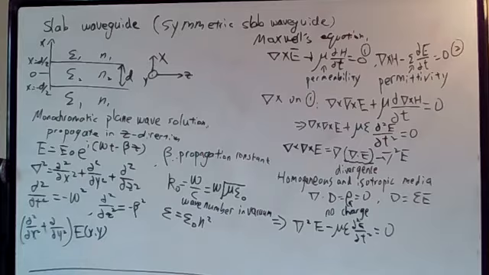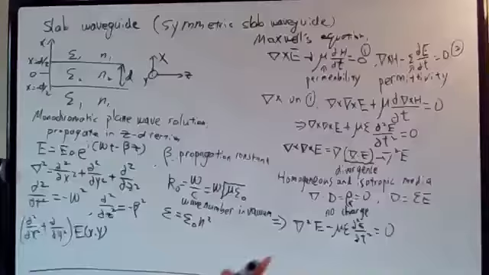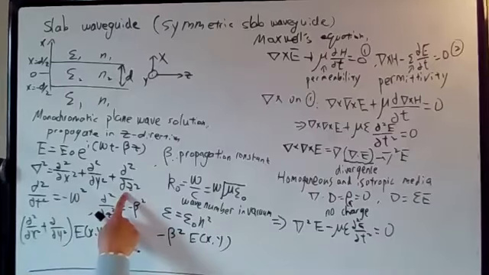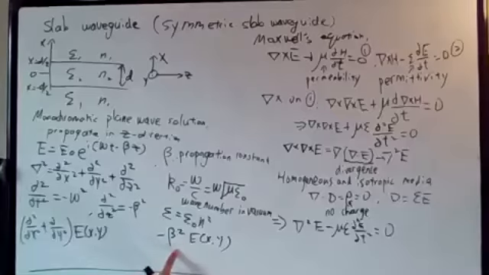So then we add the partial t term. We have the Laplacian, with the partial x and partial y parts, and the z part gives minus beta squared, so minus beta squared E(x,y).